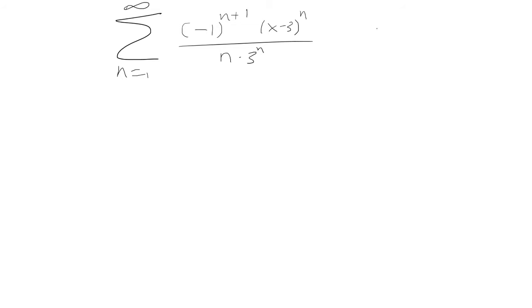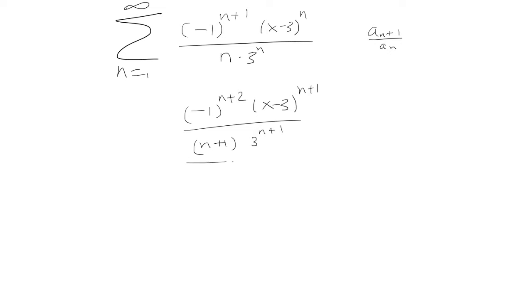We want to look at the n plus first term over the nth term. So we're going to replace every n with n plus 1. Okay, so this will be the n plus first term. Then we have to divide it by the nth term, which is the original sum here.